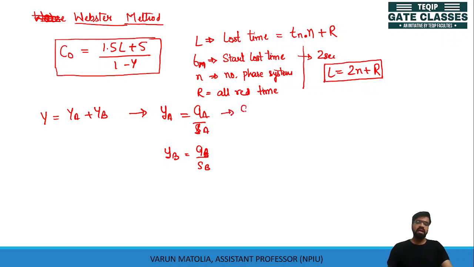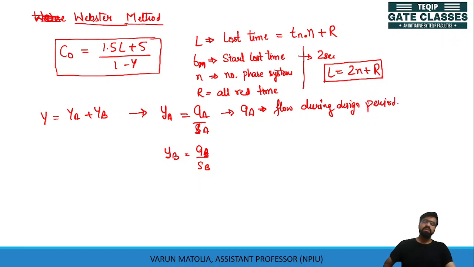What are qa and qb? They are the flow during the design period, meaning if we are designing this section for a certain duration of the day, say morning 8 to 9, then the flow during that period is qa.